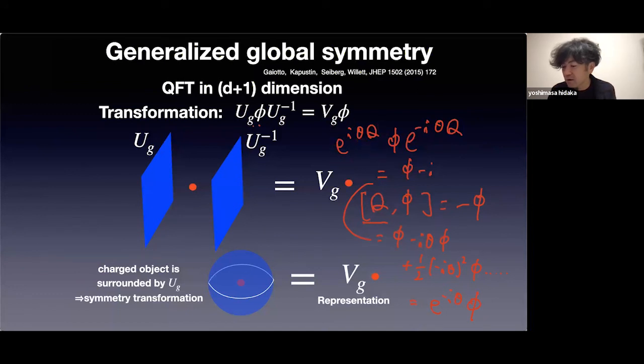Theta is an element of U1, and this is a one-dimensional representation of U1. Okay, I see. Thank you very much, and sorry for that. Thank you for your question.